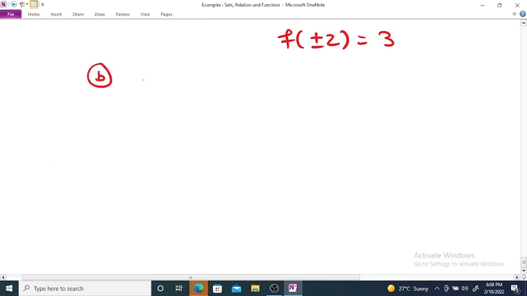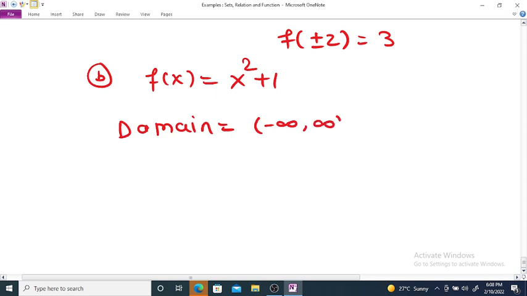And the second example, f of x is equal to x square plus 1. Again, this function is defined for every real number, so the domain is minus infinity to plus infinity.